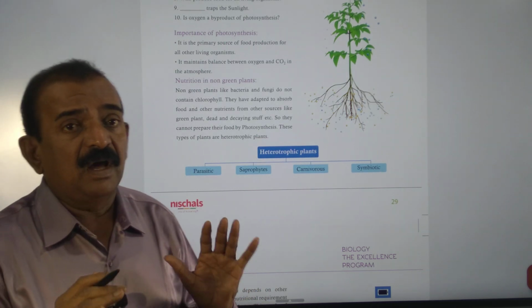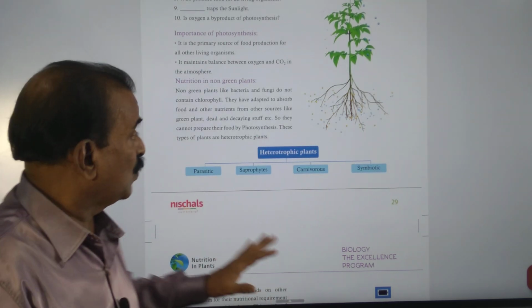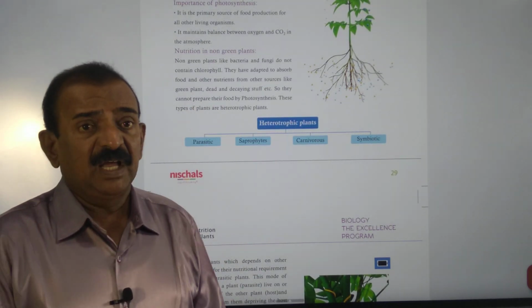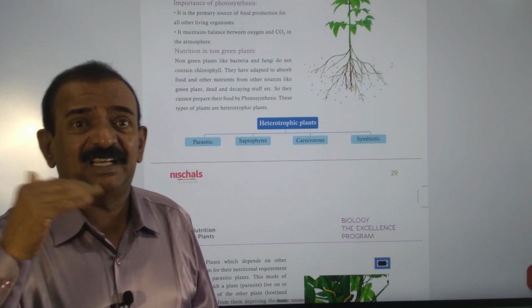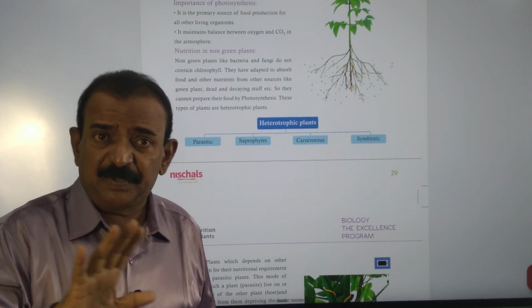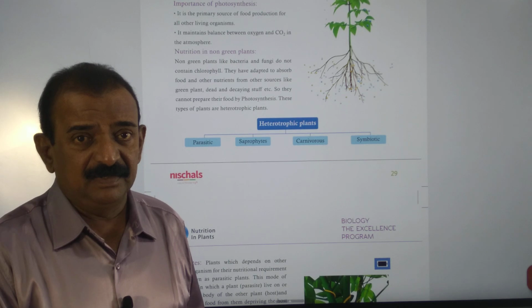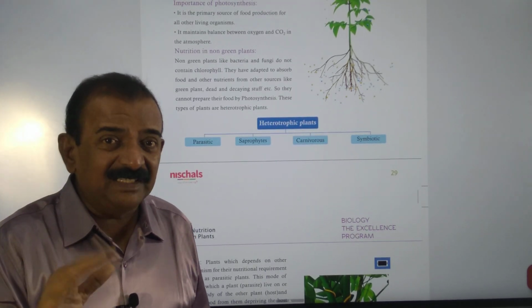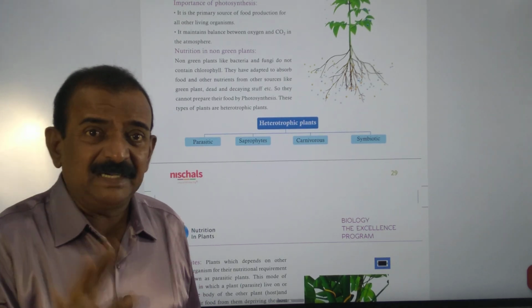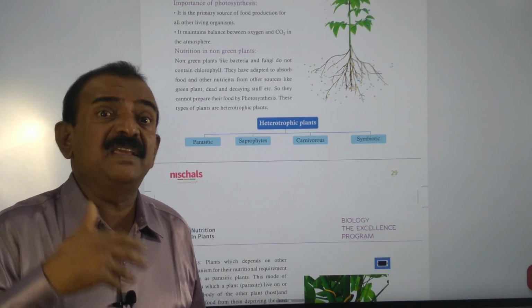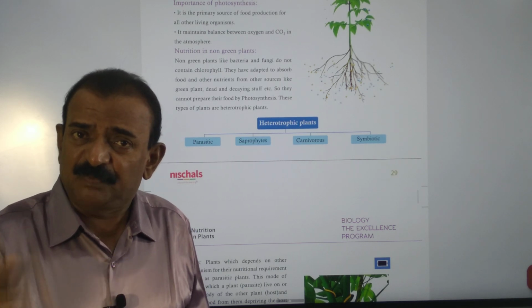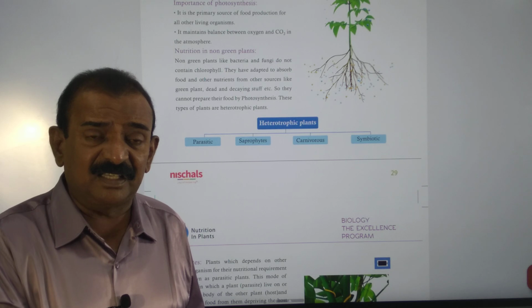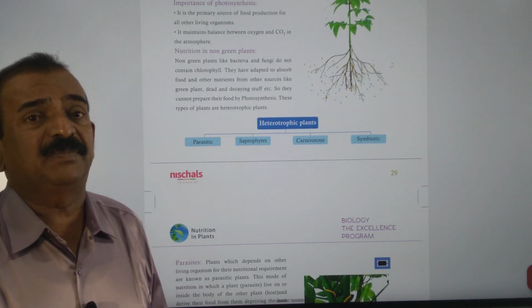Now we are going to discuss heterotrophic plants. I told you heterotrophs means others, so they do not prepare food by themselves. Plants prepare food by themselves, so they are called autotrophs. But all animals do not prepare food and depend on other organisms for food, so they are called heterotrophs.